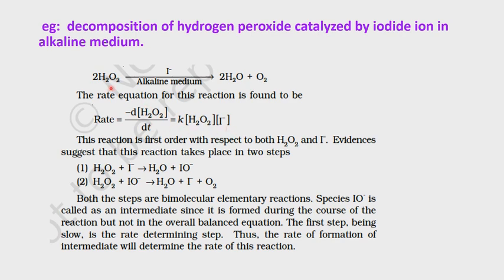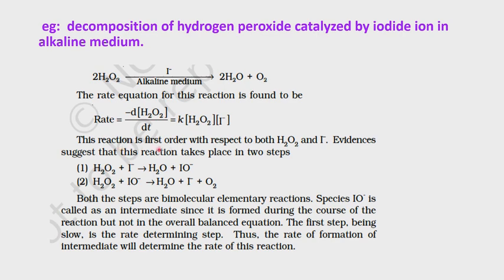Look at, but generally what we expect, 2 is available in front of the H2O2, so 2 comes here. Generally that is our expectation, but we are not getting any 2 on the H2O2 because order is an experimental value.